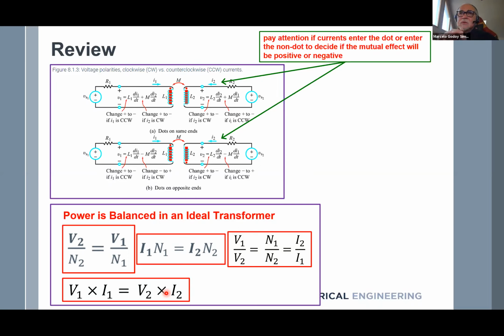Typically in this course, we assume sinusoidal voltage variation, because that's the easier way to solve. So the way to solve transformers with sinusoidal voltage source is applying phasor analysis. That means you need complex numbers.